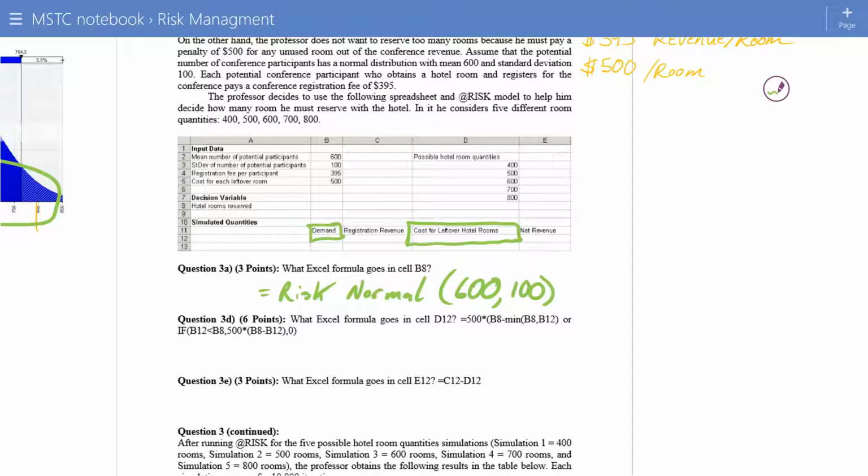So your cost for leftover hotel rooms: if your demand is less than your number of registrants, then you take the difference of D minus R and multiply that times 500. There are a number of different ways to select that, but for simplicity's sake, that's the logic behind it.